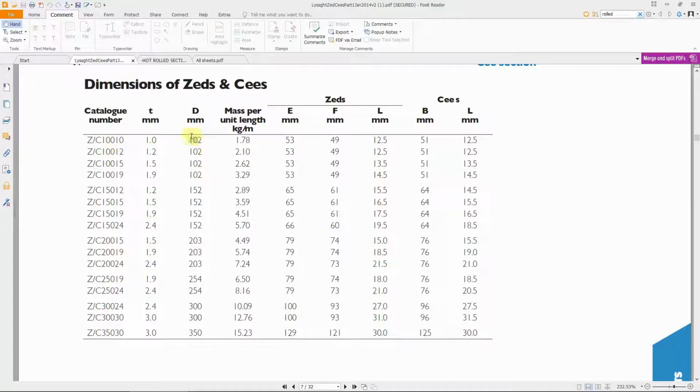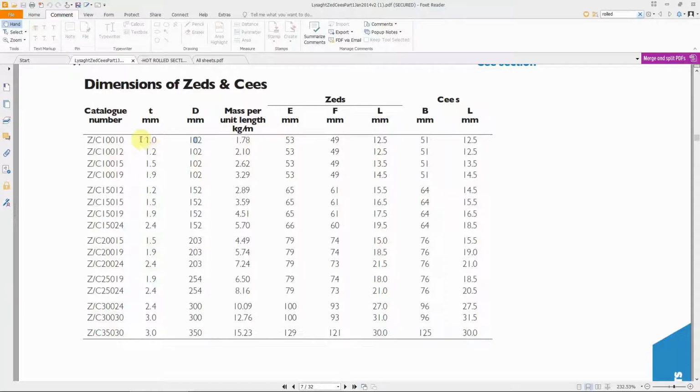Please keep an eye. We love to keep things in engineering. Unfortunately, we call it nominal. We don't like to be restricted to very precise numbers. So, we call it nominal 100 millimeter deep. 10, it's 1 millimeter thick.